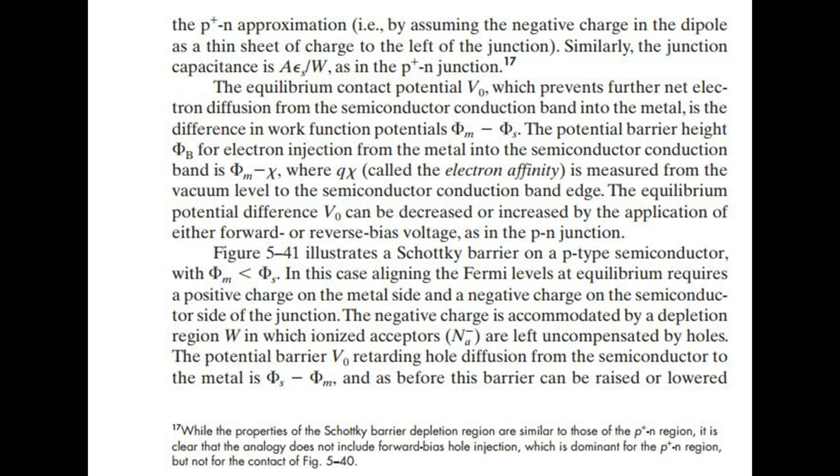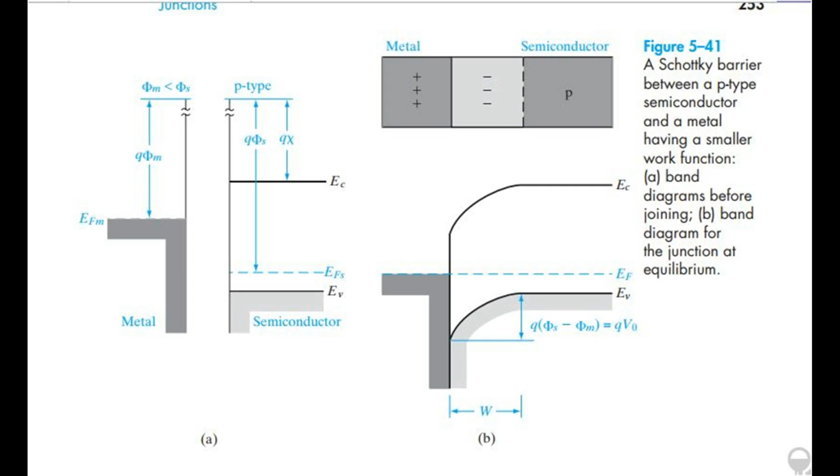The potential barrier V0 retarding hole diffusion from the semiconductor to the metal is Φs − Φm, and as before this barrier can be raised or lowered by the application of voltage across the junction. In visualizing the barrier for holes, we recall from Fig 5.11 that the electrostatic potential barrier for positive charge is opposite to the barrier on the electron energy diagram.